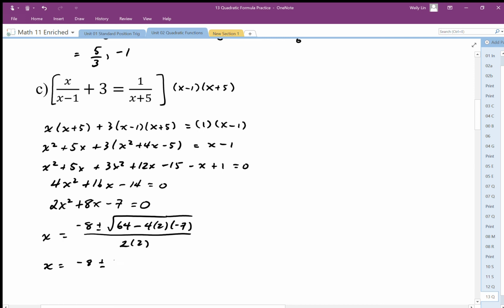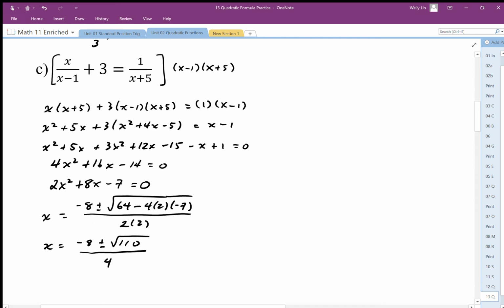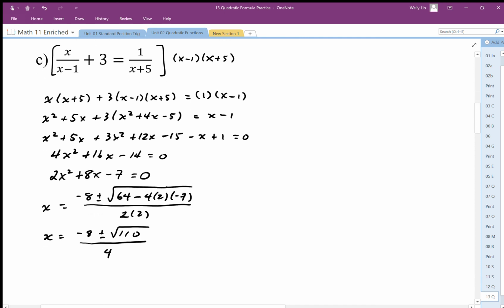So it looks like square root 120. Just double checking that. Yeah, so that's going to be plus 56, all over 4. Okay, so then we're going to end up with, it looks like there's no common factor or perfect square factor that we can take out of there. So it looks like that is our final solution.